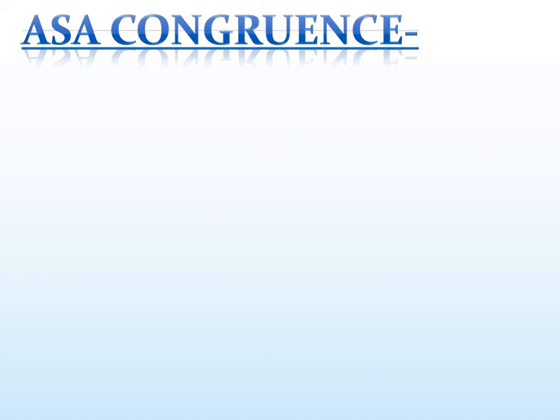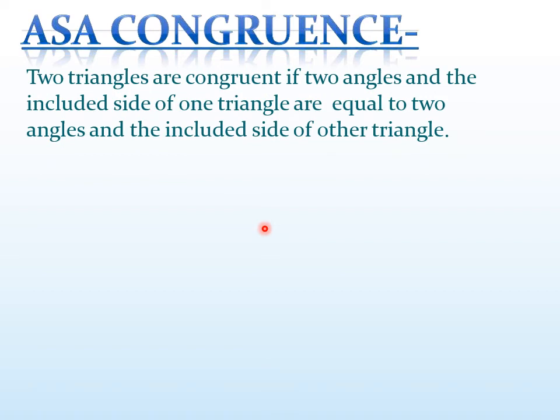Next, ASA congruence rule, that is angle side angle congruence rule. By this rule, we can say two triangles are congruent if two angles and the included side of one triangle are equal to two angles and the included side of the other triangle.